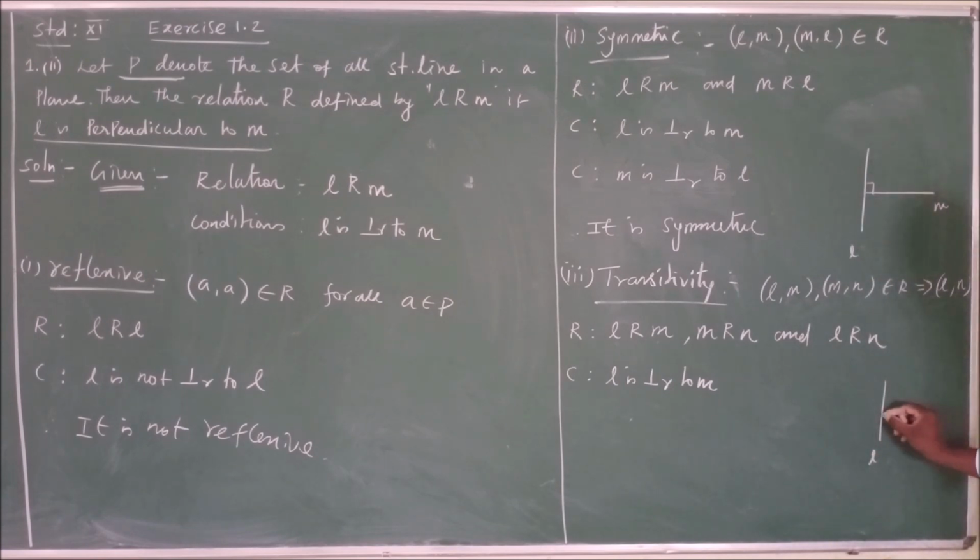L is perpendicular to M, and M is perpendicular to N. Hence, L is parallel to N. So this condition is not satisfied. Hence, it is not transitive.